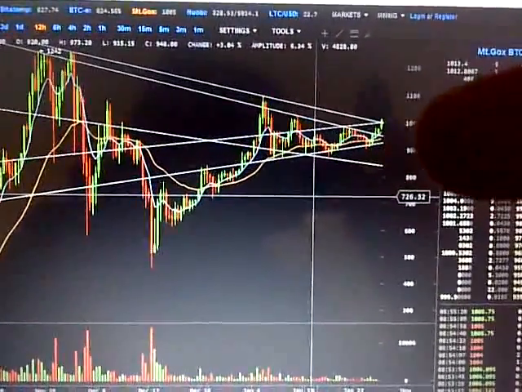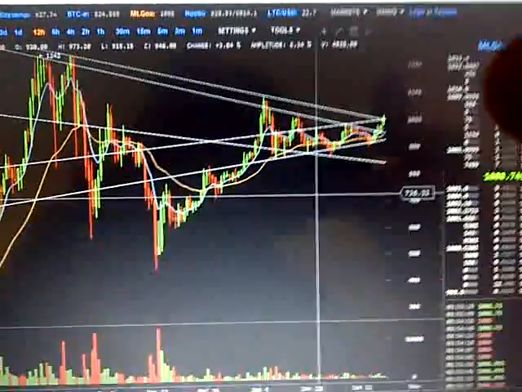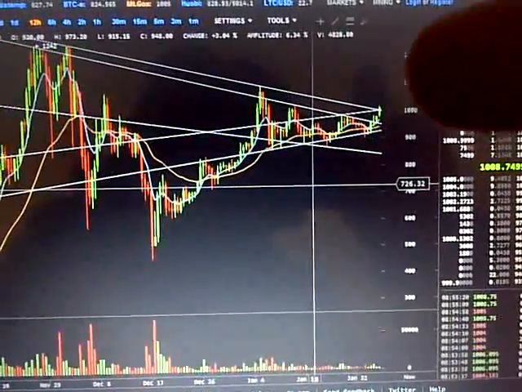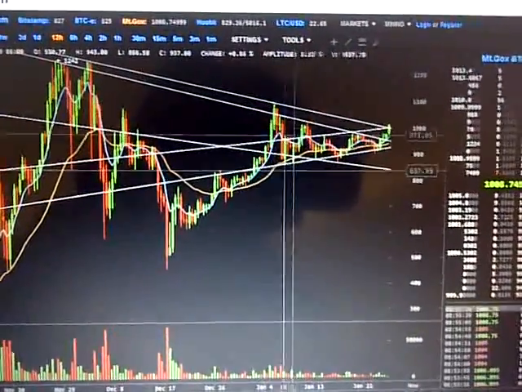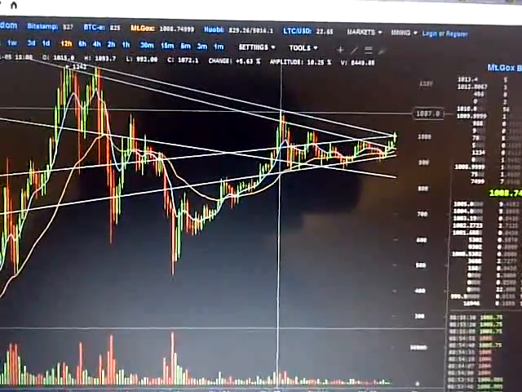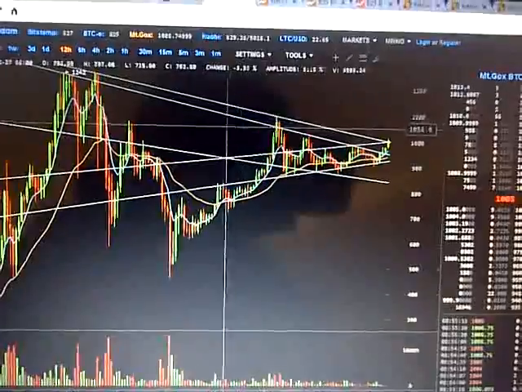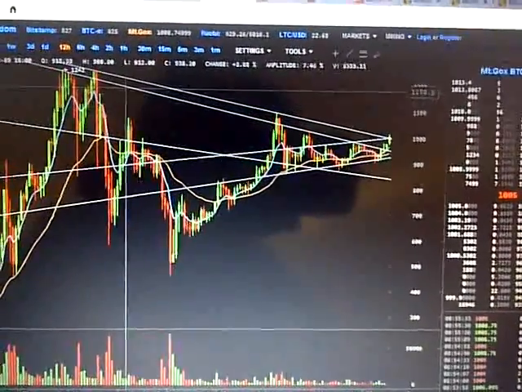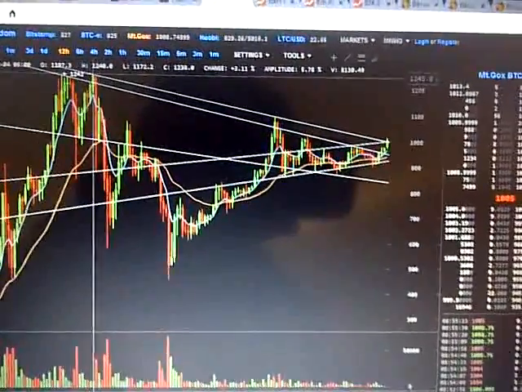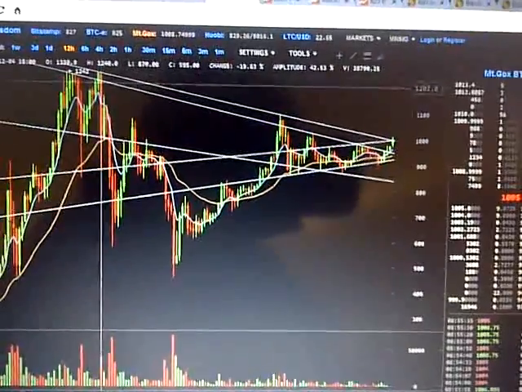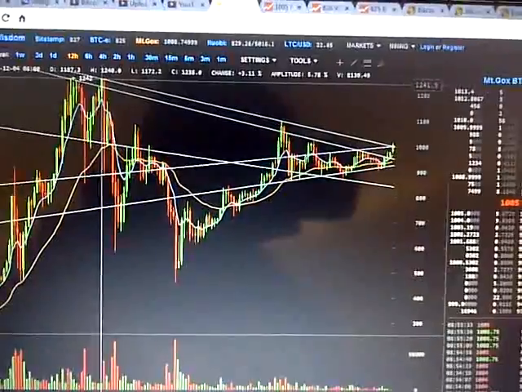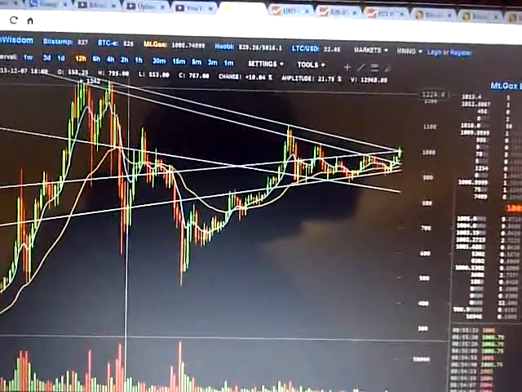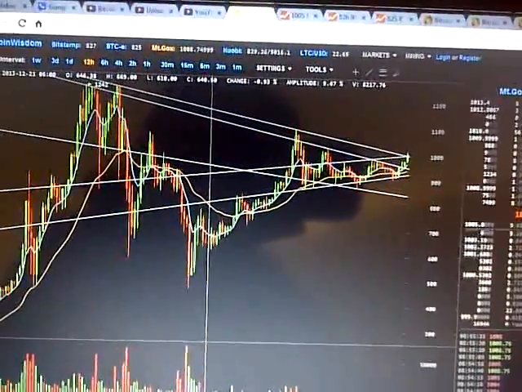Okay, I'm actually waiting to see, because if this breaks above, there's a few other challenges it has to meet. Once it breaks above this and keeps going, it may come up very close to 1200 again, and not only does it have to get to 1200, it also has to break above 1200.